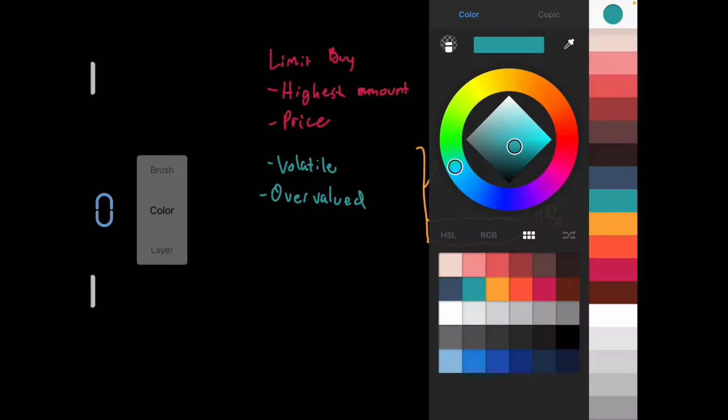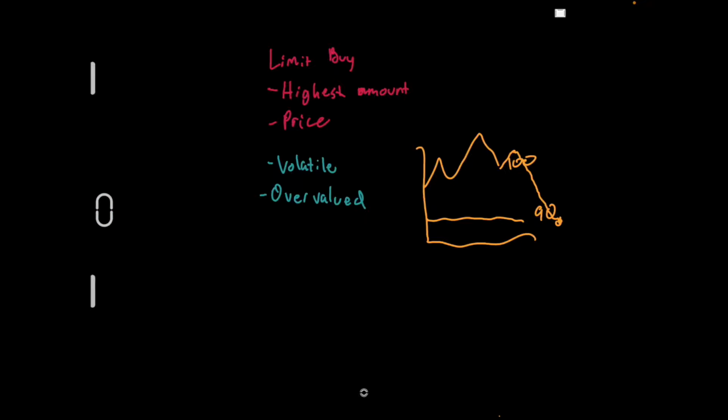Sometimes it can be risky because sometimes the stock doesn't actually hit the limit price and will continue rising in the future and make you lose profits, right? For example, let's use this exact same stock, and it's at $100. And you set the limit price at $90 down here.